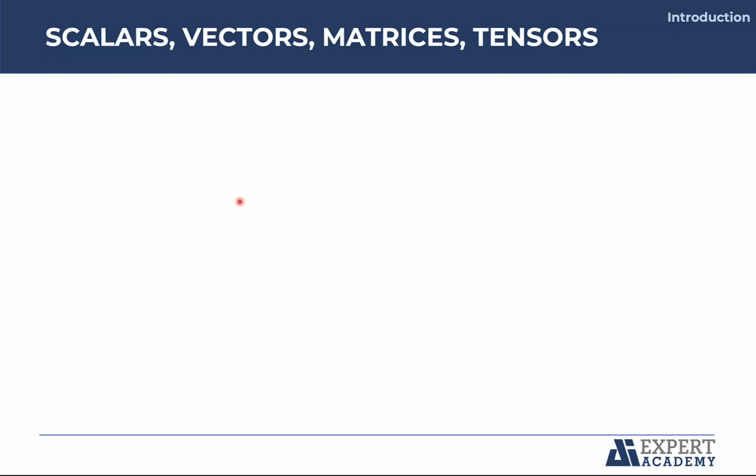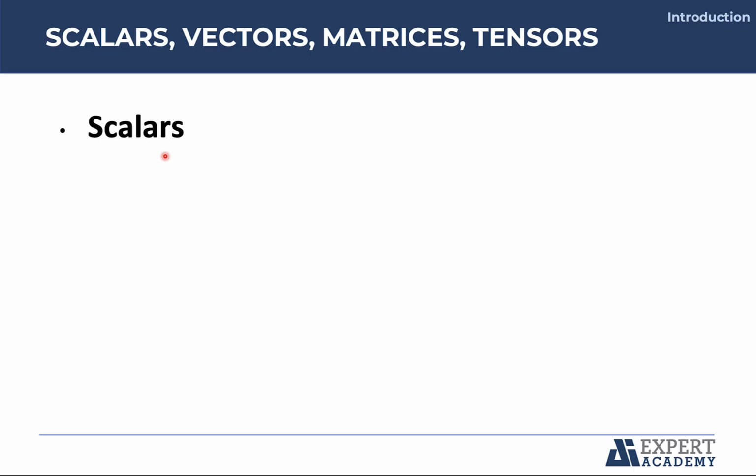Hello and welcome to this lecture where we are going to start talking about how values are represented in linear algebra. The first type, the most basic, is called scalars.